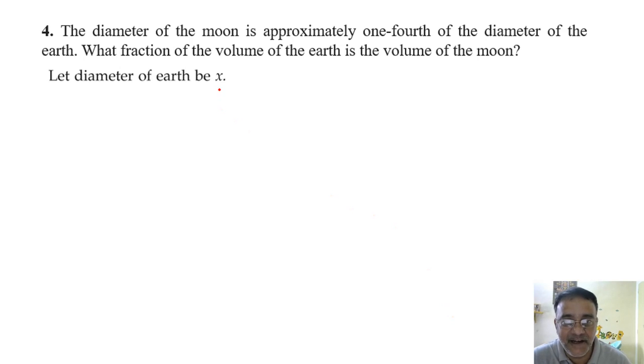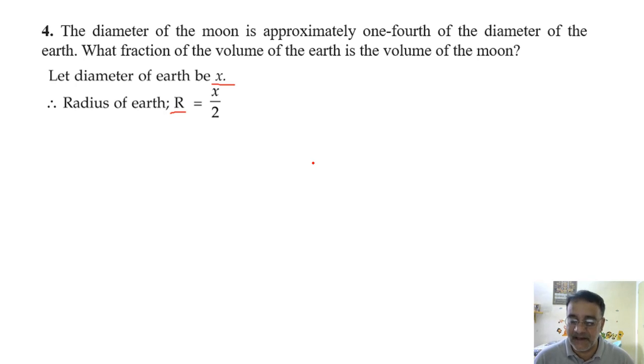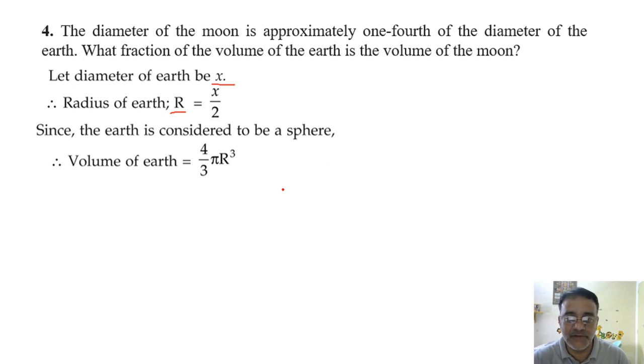So what will be the radius? X by 2, and we are going to take capital R. Now the same earth is considered to be in the form of a sphere, so volume of earth will be equal to 4 by 3 pi r cube. Very good. Now we'll substitute the value of r here, x by 2.